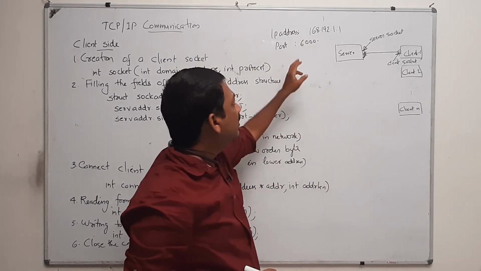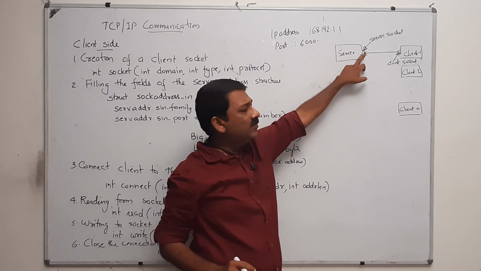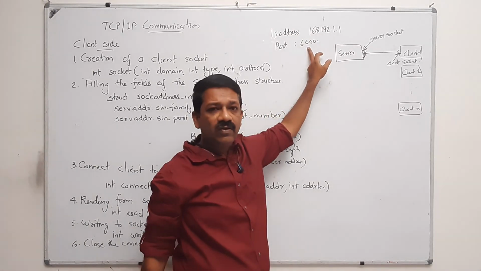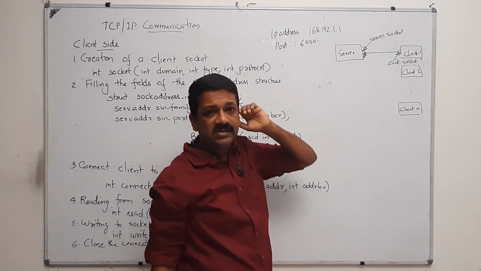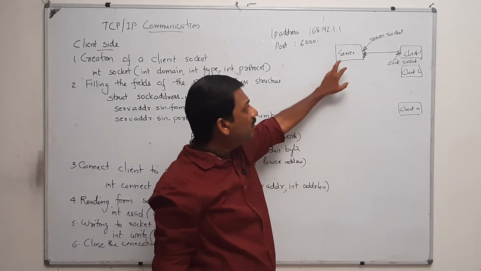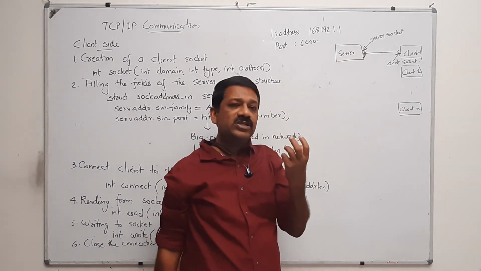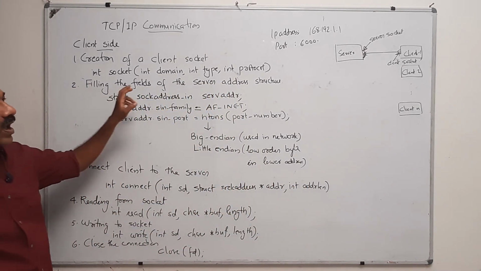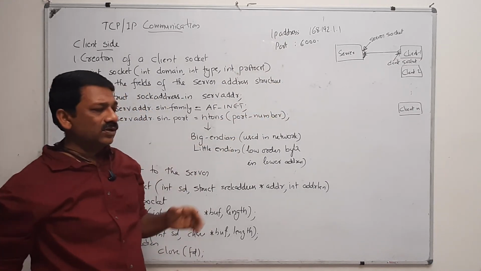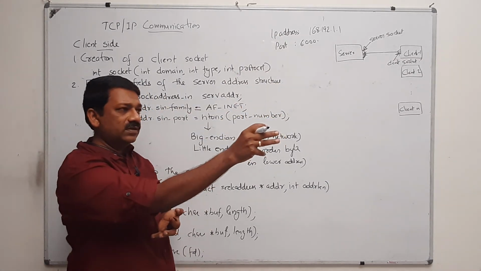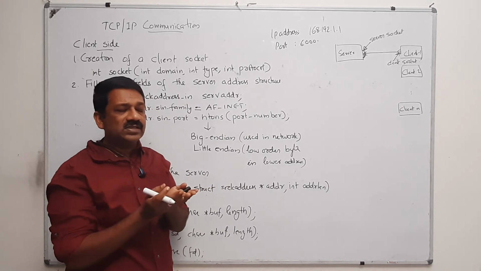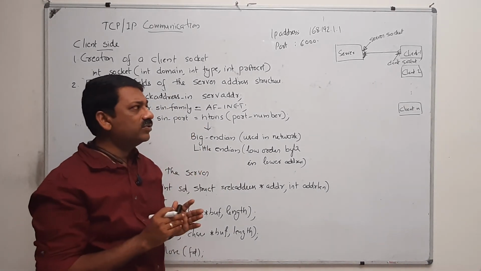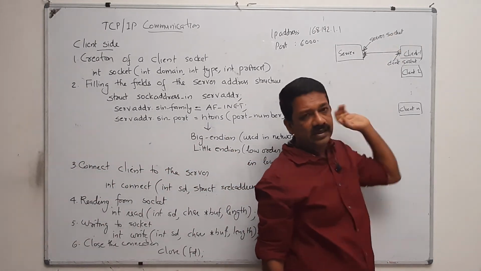The IP address is a hardware thing, and the port is logical, whereas every machine has an IP address associated with it. Now you have to fill the server address structure. Once you want to connect to that server, what is the server address and what is the port number, etc. Those things you have to fill up on the client side.